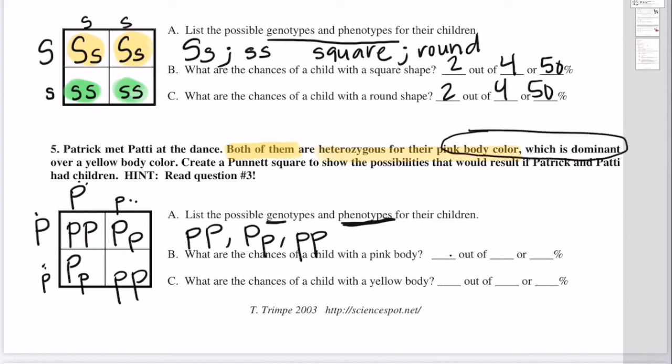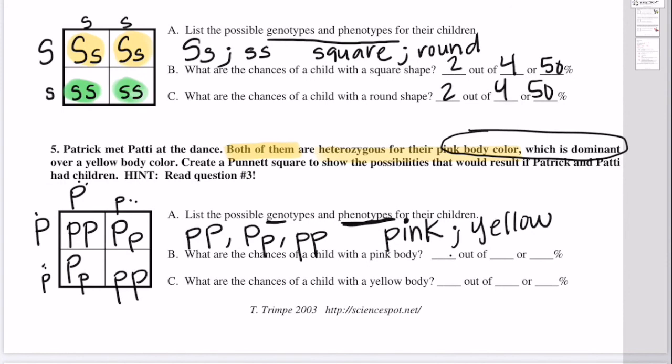So we have a capital letter and a capital letter, which means pink. Also, capital P, little p, which would be pink. We don't need to rewrite that. But we also have a little p, which is the recessive trait, which means we could also have an offspring that would be yellow.